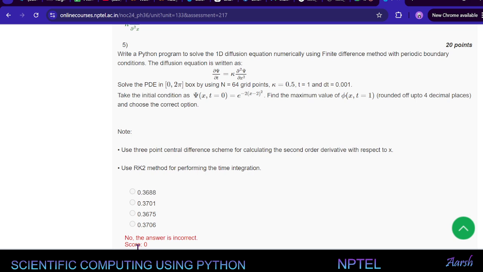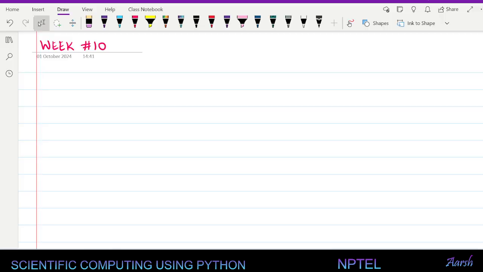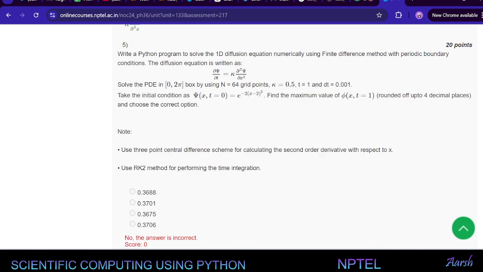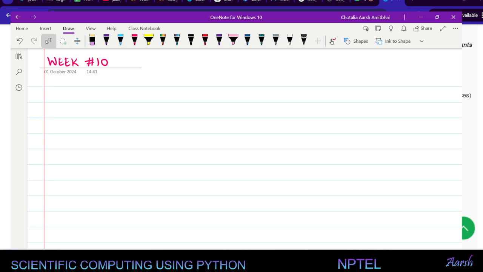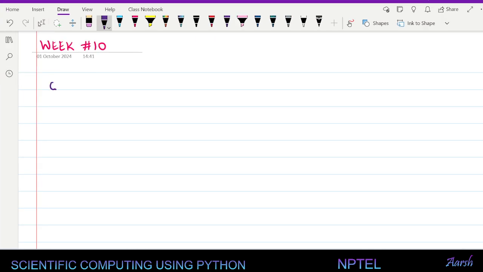Okay. Let's first do it analytically, just to check. So the equation is this. Kappa is 0.5 and T is 1. This is question 5, week 9. Solve del psi by del t equal to kappa del 2 psi by del x2.